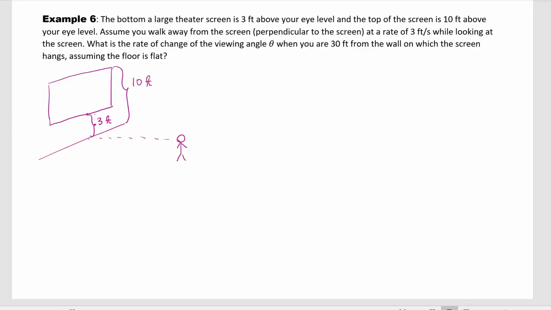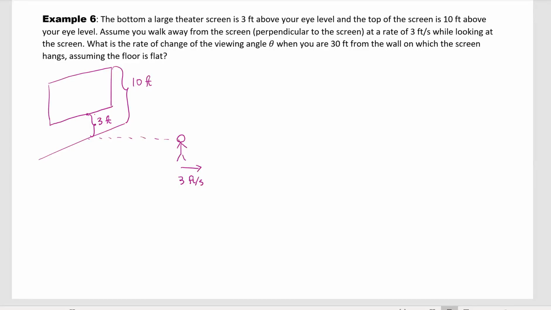Assuming I walk away from the screen, perpendicular to the screen, at a rate of 3 feet per second while looking at the screen, what is the rate of change of the viewing angle theta when you are 30 feet away from the wall on which the screen hangs, assuming the floor is flat?